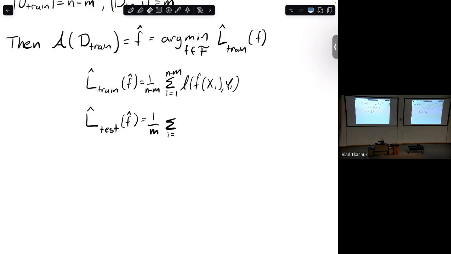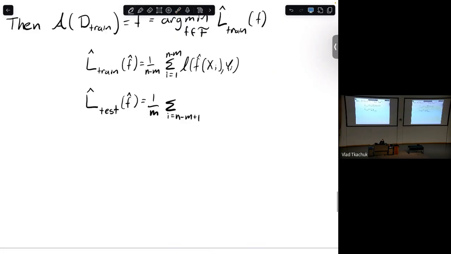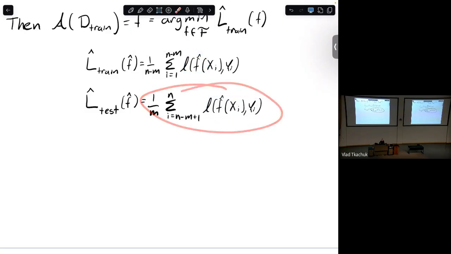You have to index the corresponding data set appropriately. So we're going to go from n minus m plus 1, that's your first data point in your test set, till n of the same exact quantity. I'll just copy and paste to make it clear. The only thing that changed is which data points you're using to calculate the sample mean.